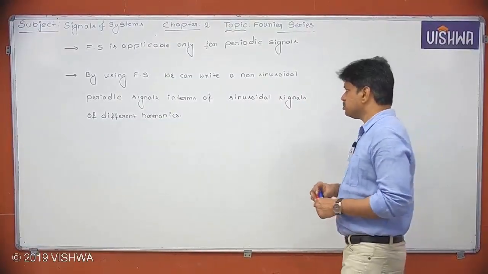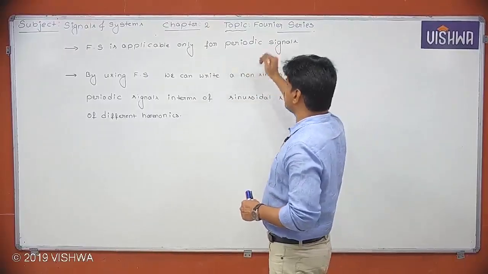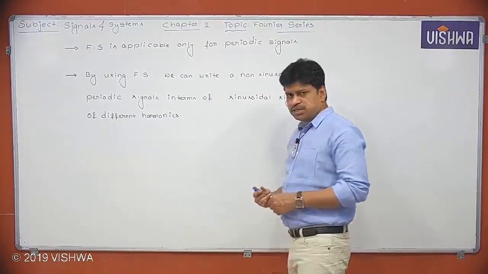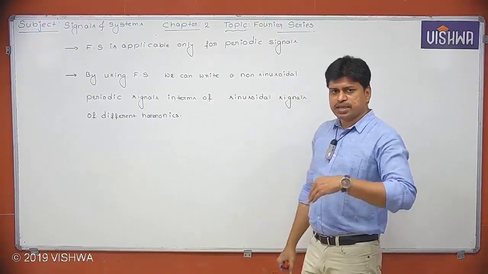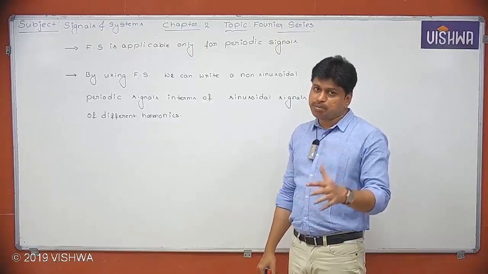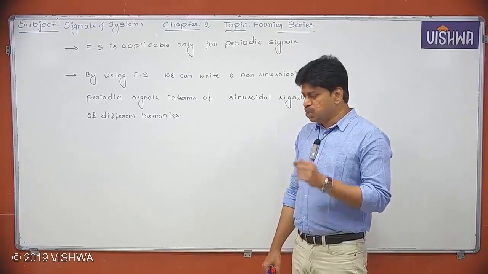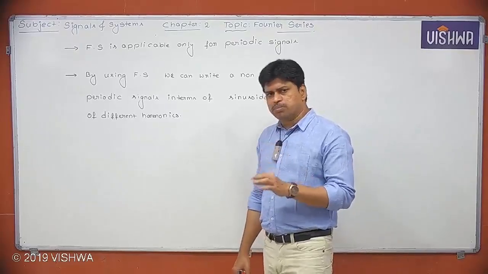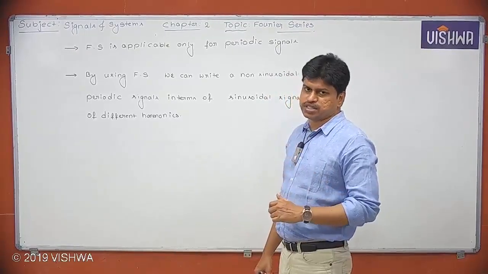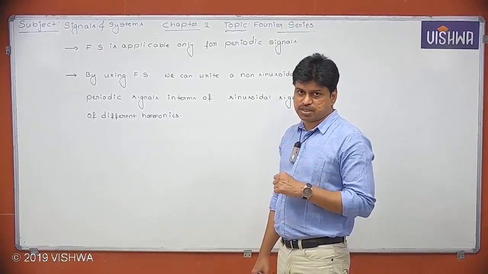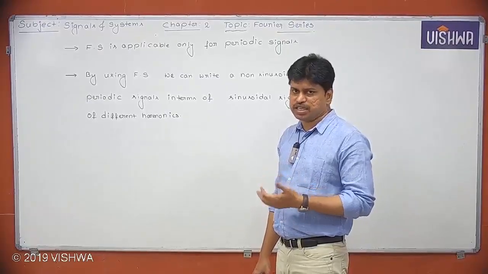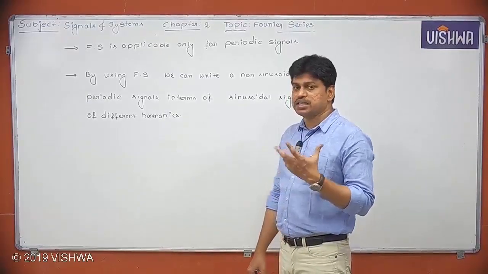Here, Fourier series is applicable only for periodic signals. But the question is, sir, can we write any periodic signal in terms of Fourier series? Answer is no. That means you cannot write all periodic signals by using Fourier series. There are some limitations. What are those limitations? We will see that. Which are nothing but the Dirichlet conditions.